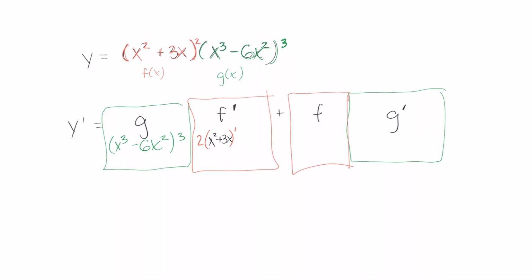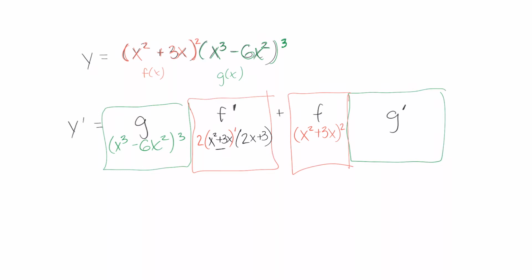What is the derivative of x squared plus 3x? 2x plus 3. F of x is just x squared plus 3x, squared. I'm just rewriting that.